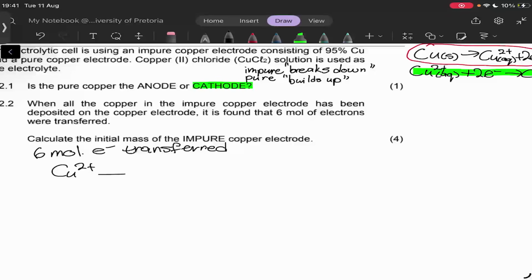So I'll have the following then. Now that I have that, let's look at the ratio of electrons to copper itself. You'll see that it is a 1 is to 2, essentially. So I have a ratio of 1 is to 2.